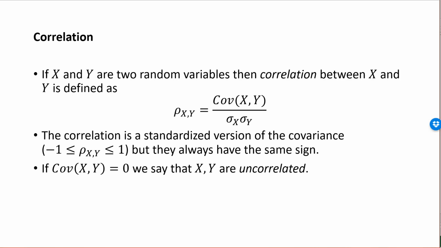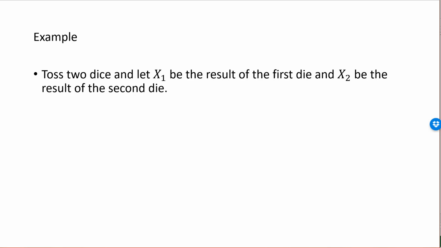Here's another simple example to think about the sign of the covariance and correlation, not the particular value. So let's say that we toss two dice. X1 is the result of the first die. So X1 has the range 1 through 6. X2 is the result on the second die. It has the same range.